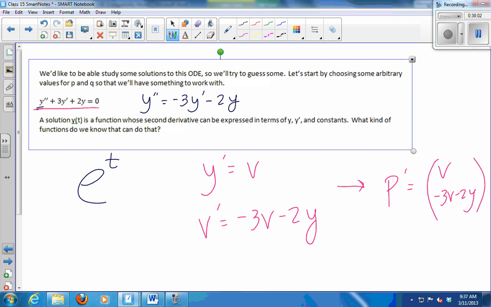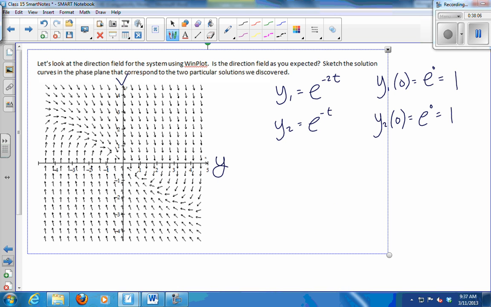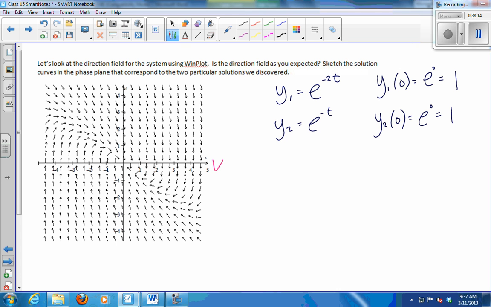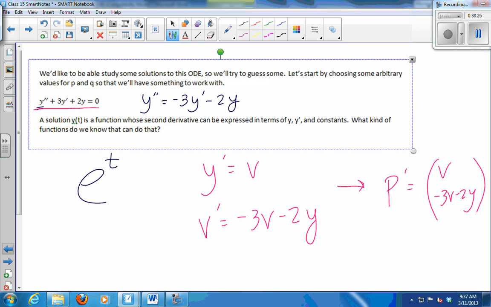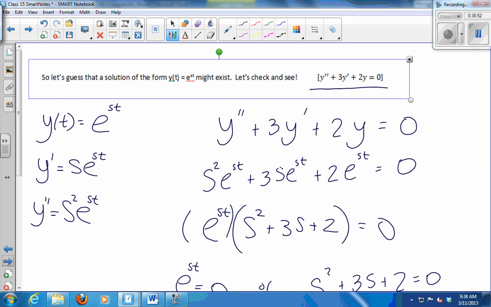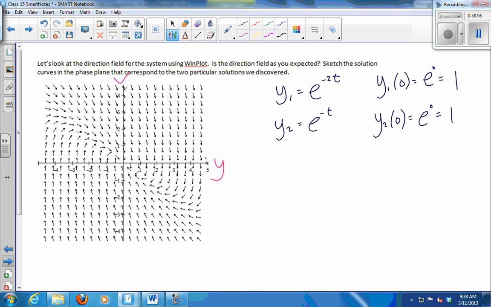Position, velocity. So at any rate, I'm pretty sure that's y and v.